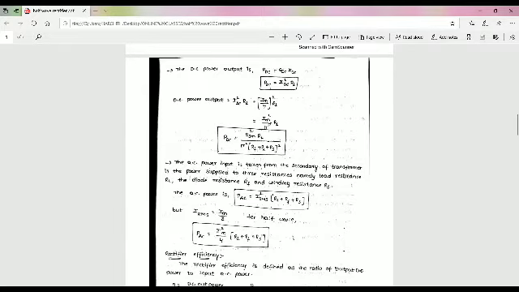So the AC power input PAC equals the power taken from the secondary of the transformer, which is supplied to three resistances: load resistance RL, diode resistance RF, and transformer secondary winding resistance RS.